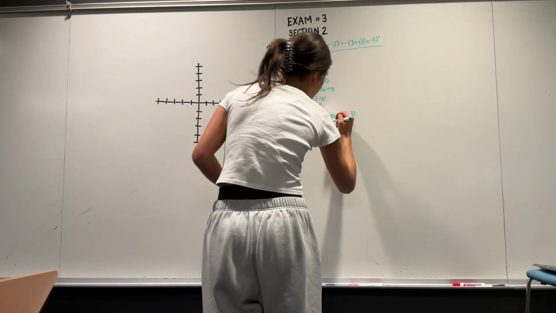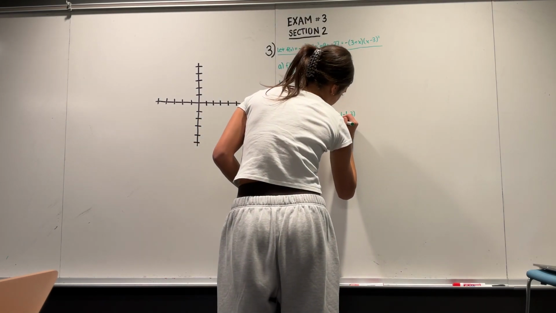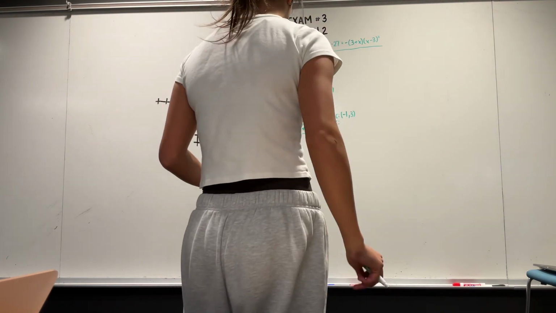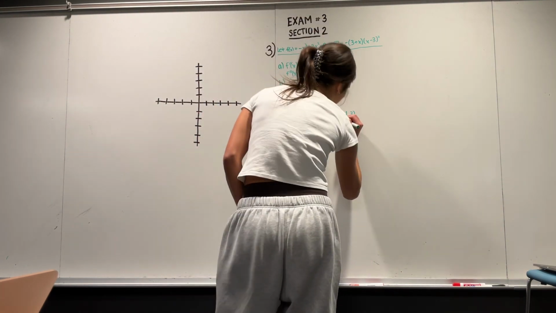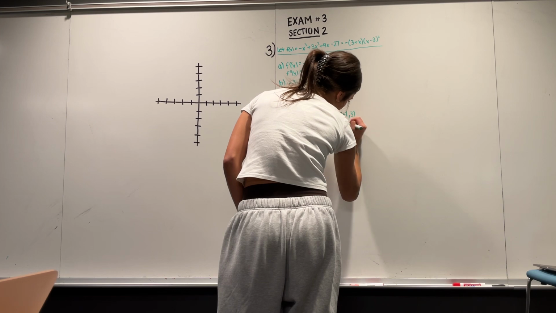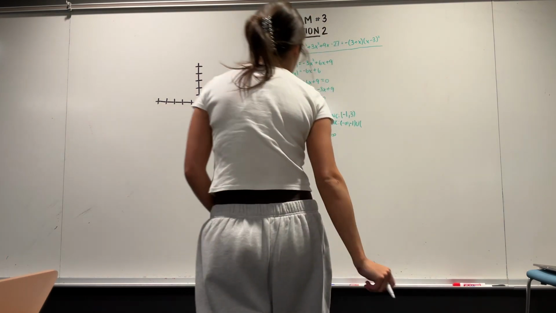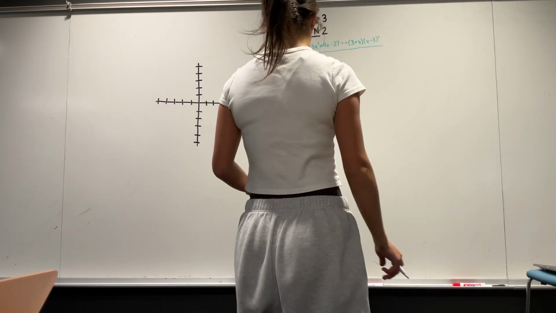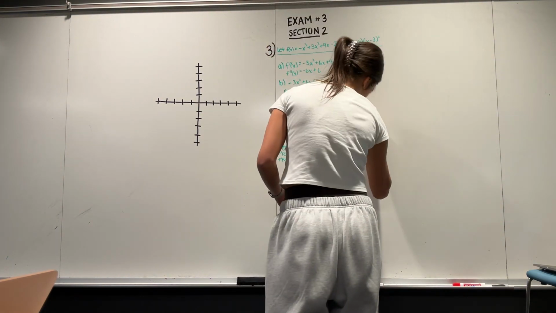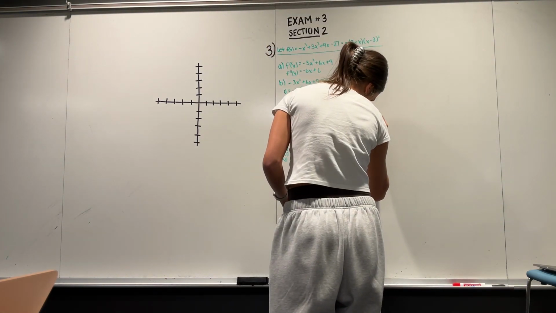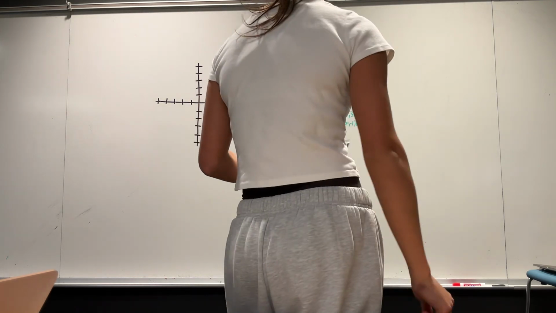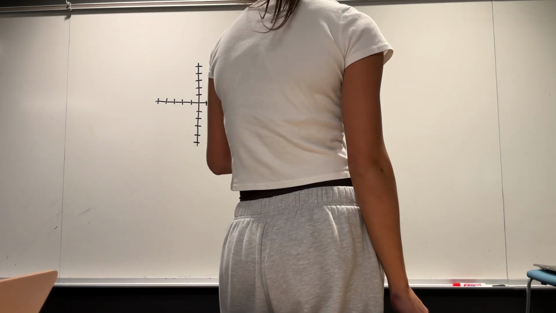And then decreasing, you're going to have negative infinity to negative 1, union, 3 to infinity. So that's where it is increasing and decreasing.